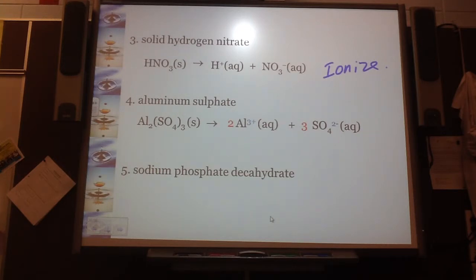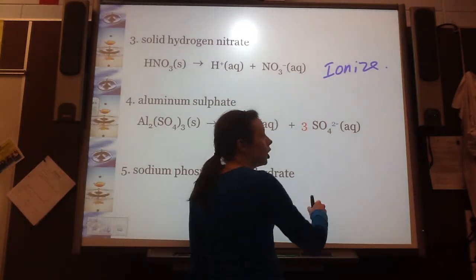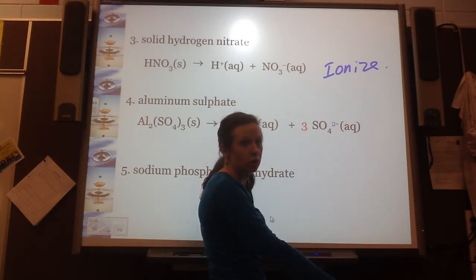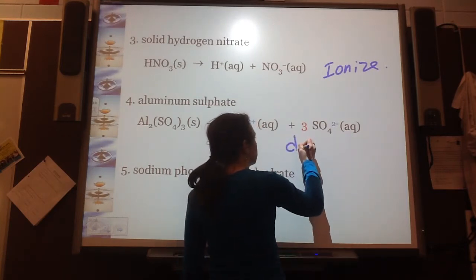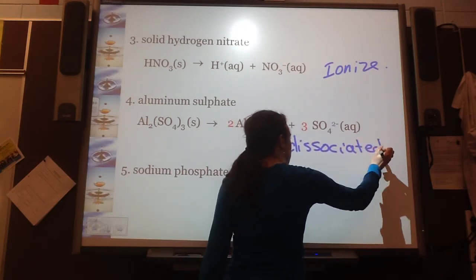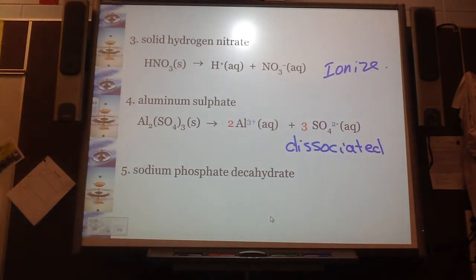Then, since this was an ionic compound, what verb do I use as it went into the water? Dissociate, yeah. Okay. Next one, sodium phosphate decahydrate. Try and write that one out.